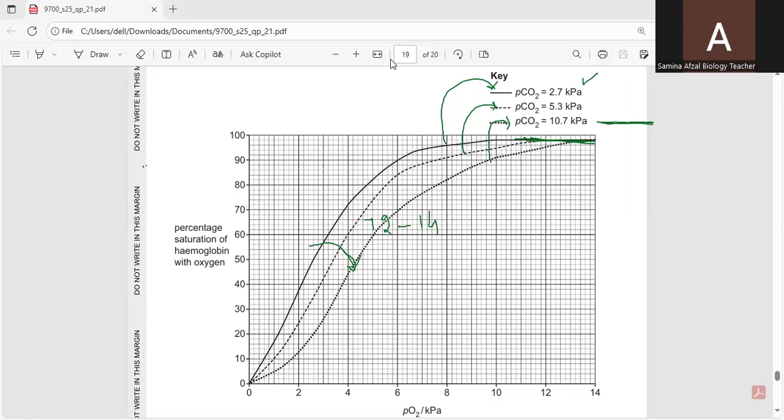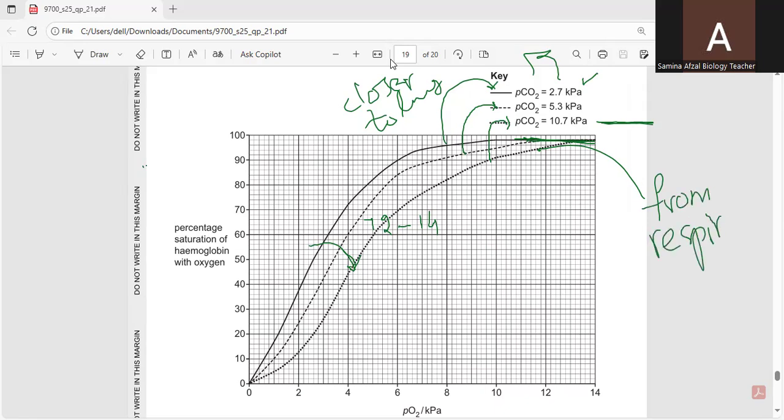The other two curves, particularly the solid line, represent conditions closer to the lungs, because of the lowest concentration of carbon dioxide. The curve from respiring tissues, shifting towards the right, shows the Bohr effect.